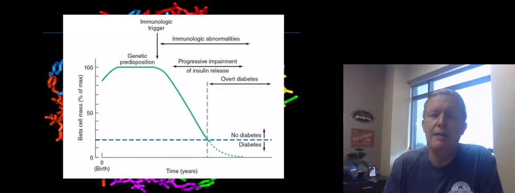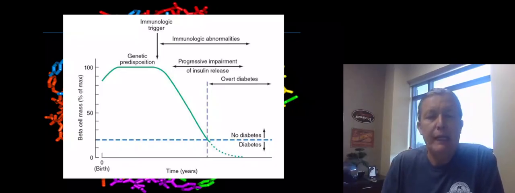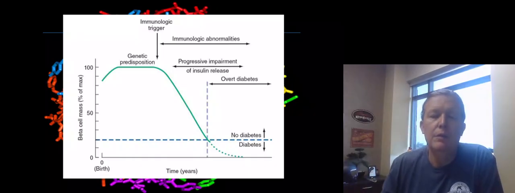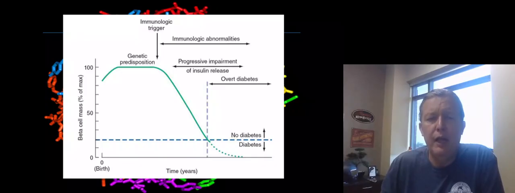Now, that period of time could be 2 years, 5 years, 10 years, and is difficult to identify how long it has been because of when the patient ultimately manifests with symptoms of diabetes. So what the green line depicts is that the individual has developed all of their beta cells, they're functioning as normal, and then at some point in their life, they encounter an immunologic trigger. I'll come back to that in a second. They encounter an immunologic trigger.